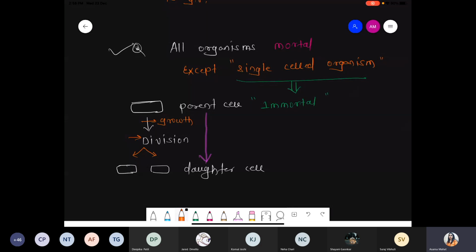That's why in such a condition there is no apoptosis, no senescence process. And you know very well, senescence is nothing but programmed cell death, natural death normally. But with respect to single celled organisms, simply the parent body gets enlarged, and now its body is divided into two.